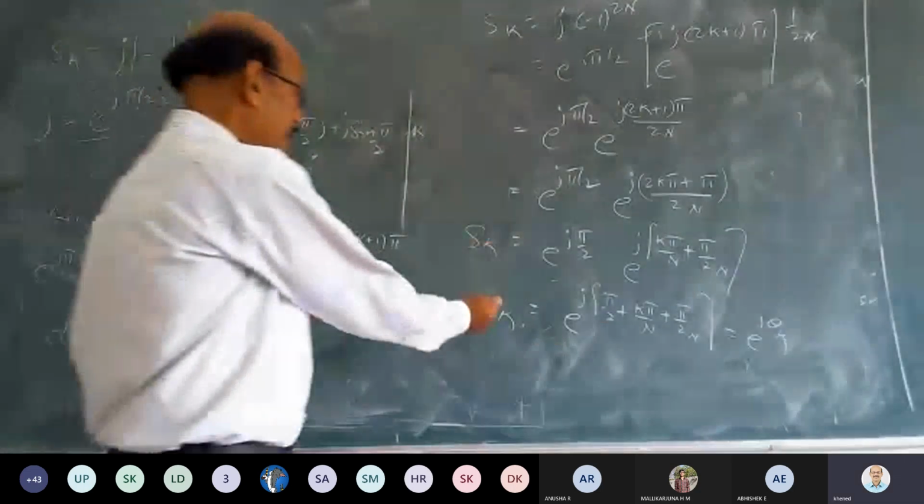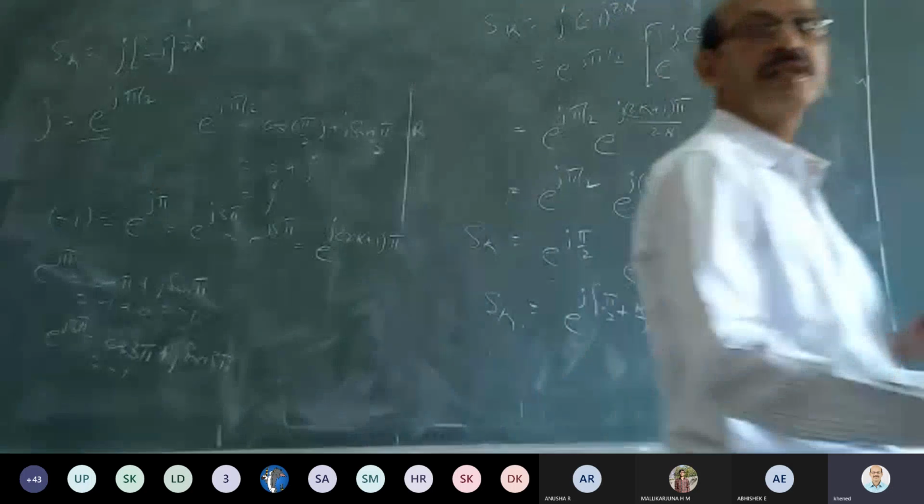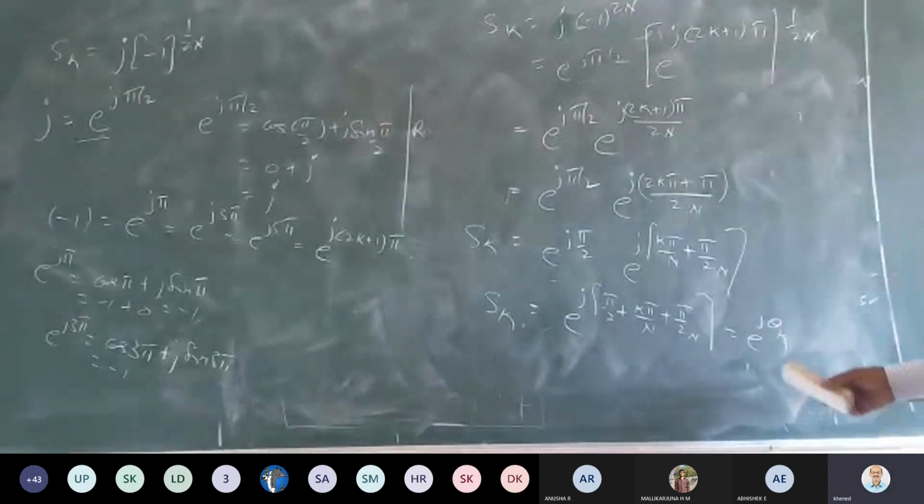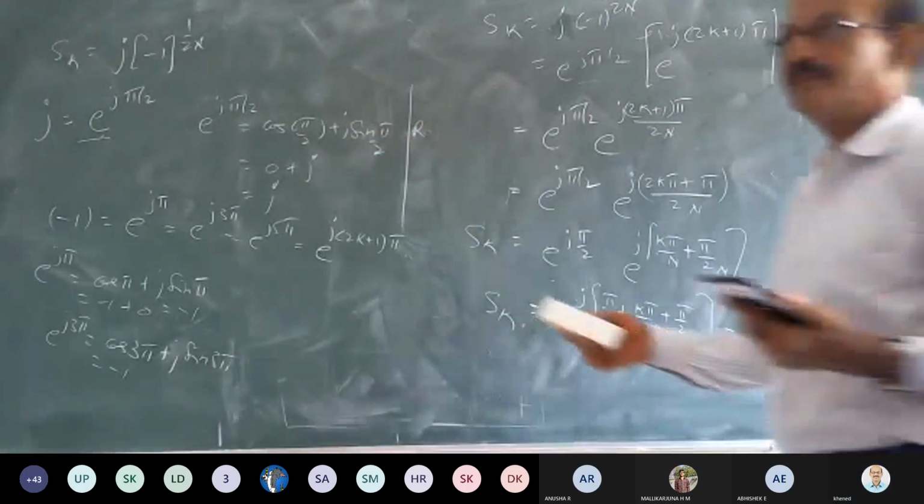So the poles are sk is equal to e to the power of j into theta k.